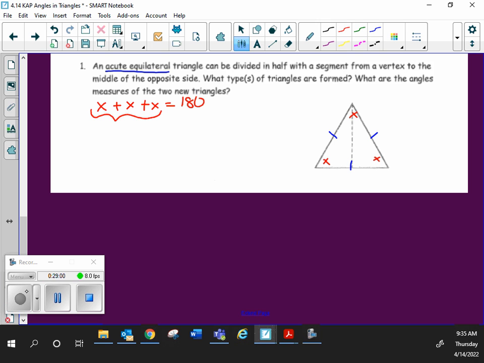So let's say that 3X is equal to 180. How do I get X by itself? Divide both sides by 3. Is that ringing a bell, y'all? Yes. And then X is equal to 60, meaning the angles are equal to 60.